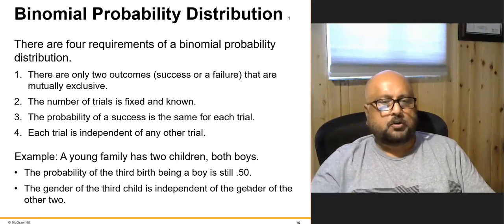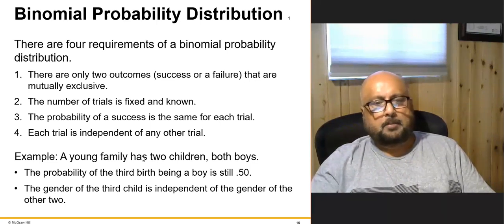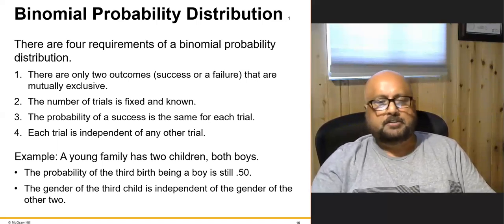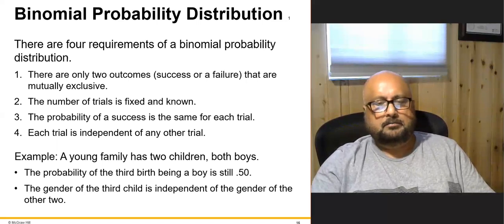This example shows you that if some family has two children, both boys, the probability of the third birth still being a boy is still 50%, because when a child is born, that child is either a girl or a boy, 50-50%. Okay.